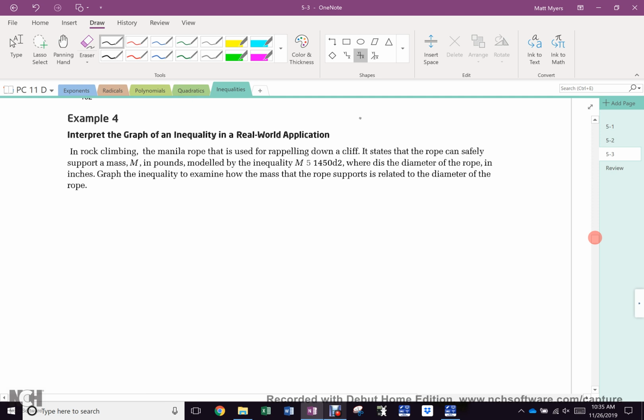Now, there's some printing issues here. Right here. That should say M is less than or equal to 1450 d squared. That's what that should say. So my mass has to be less than this.